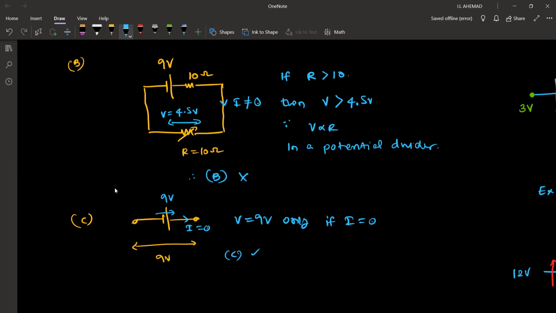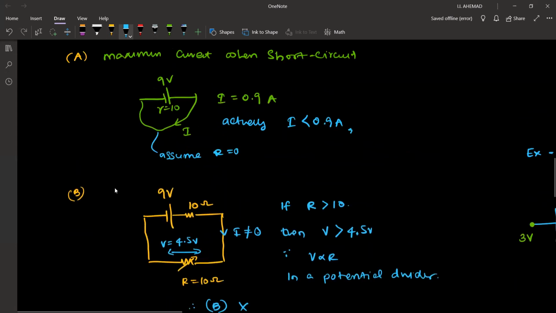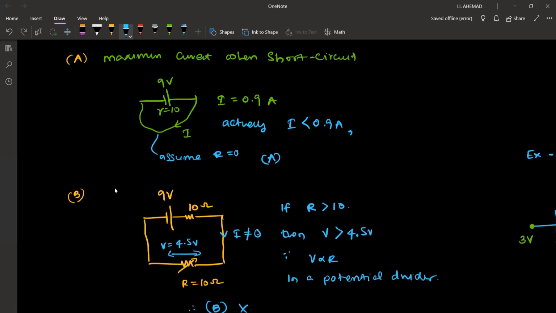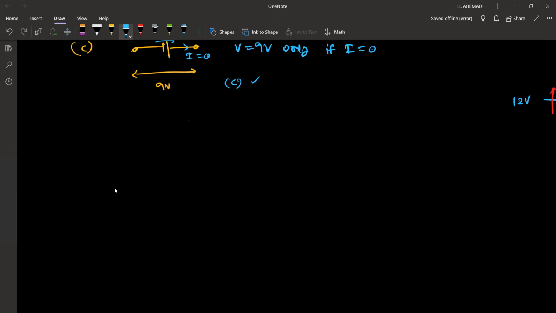So C is correct. Then the answer is A and C, third. Is everyone clear? Sarah and Shahama.